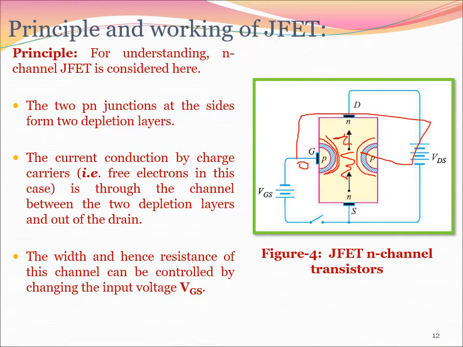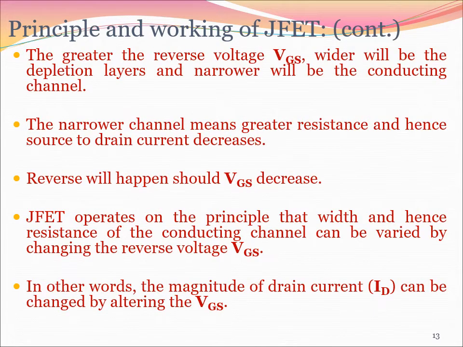However, if you increase the voltage, these depletion layers will keep on increasing in thickness, so that will create a narrow path for the current to flow, and as a result the current will decrease. So the greater the reverse voltage, that is VGS, the wider will be the depletion layers, and that will cause the main channel for the current to flow to be narrower.